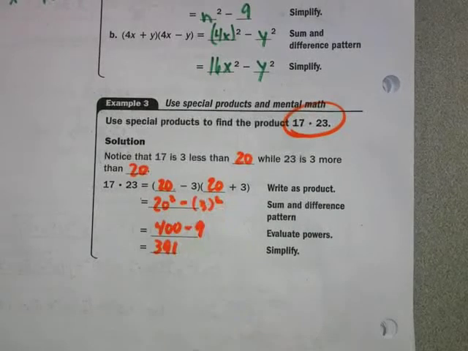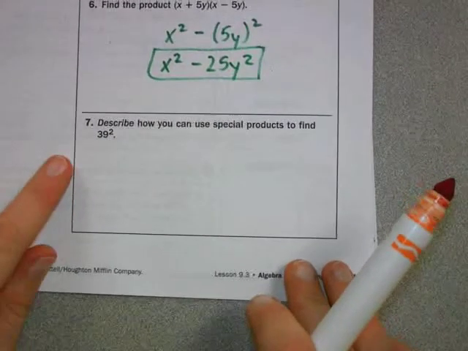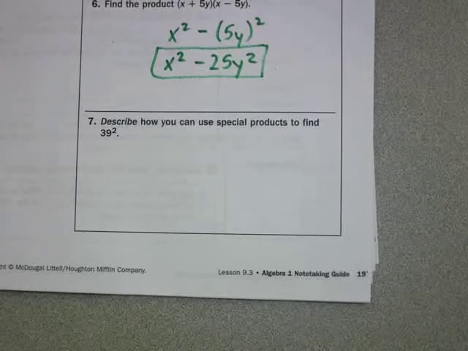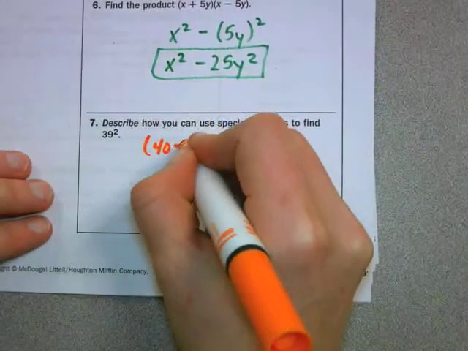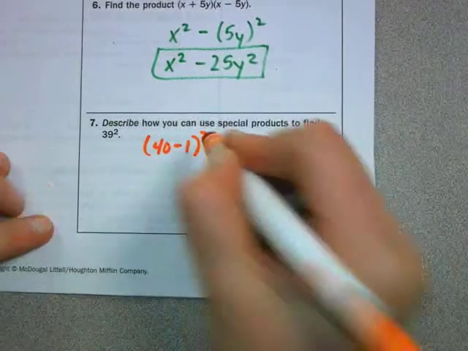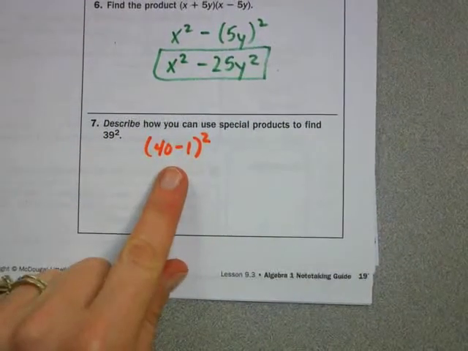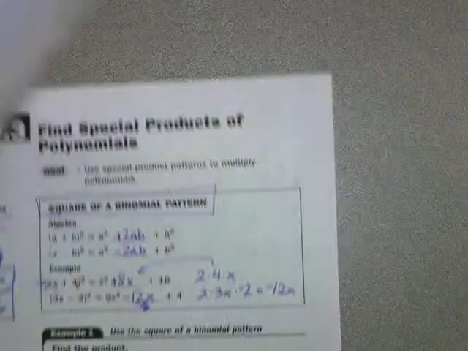All right, the same idea would work for number 7 here. Describe how you can use special products to find 39 squared. Well, 39 is the same as 40 minus 1, and I can square that. Well, is that sum and difference pattern? No, that's a perfect square trinomial. That's back to the square of a binomial pattern, okay?